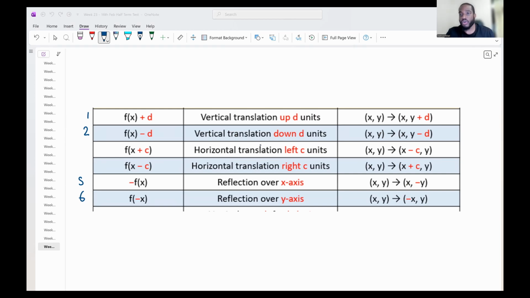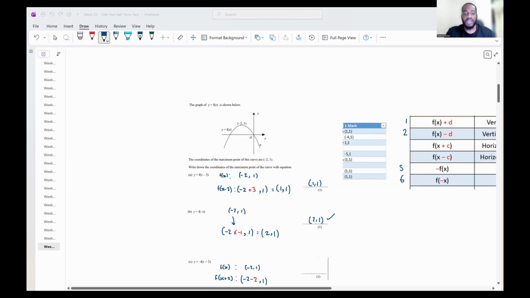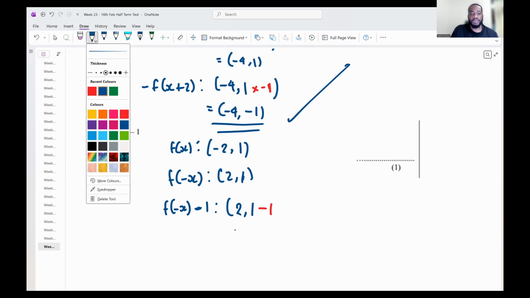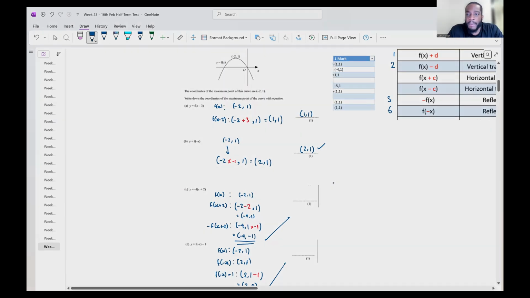You just take that value away from your y coordinate, so you'd be taking away d. In our case, we're taking away the number 1. So it's 2, and the y coordinate is 1 originally, take away 1 is 0. And that's it. Does that make sense, guys? We happy with that?